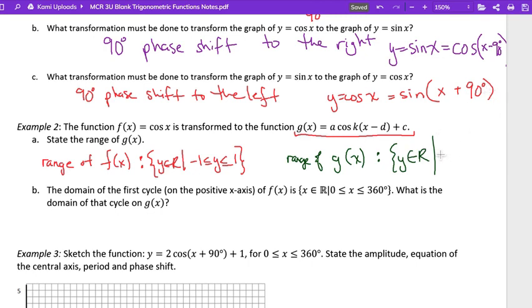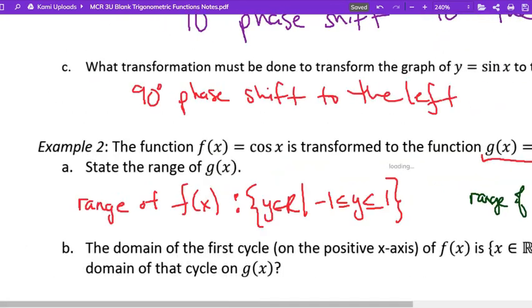And this is how we do it. Well, we have -a plus c all the way to +a plus c.